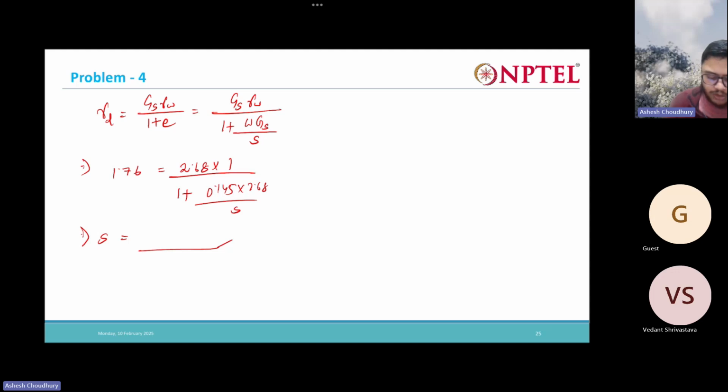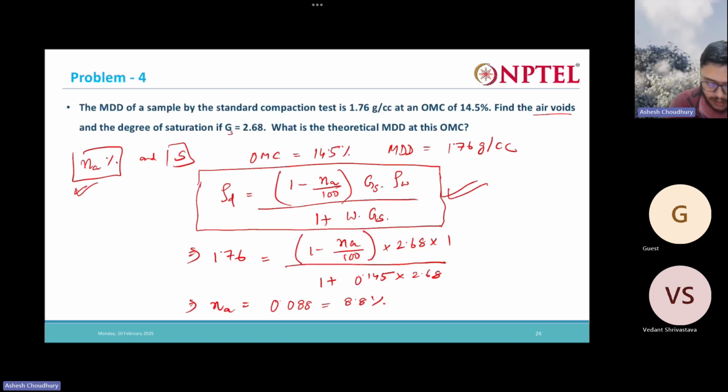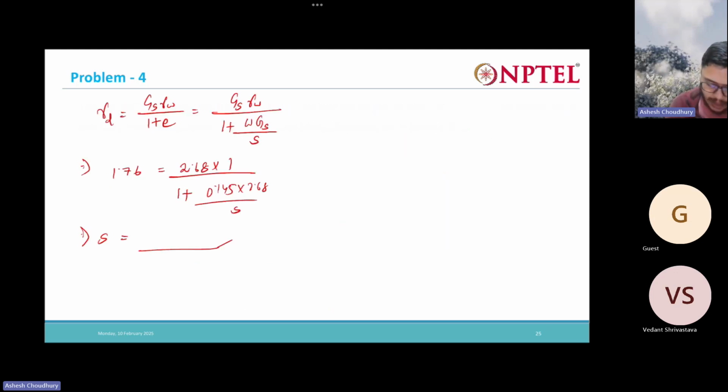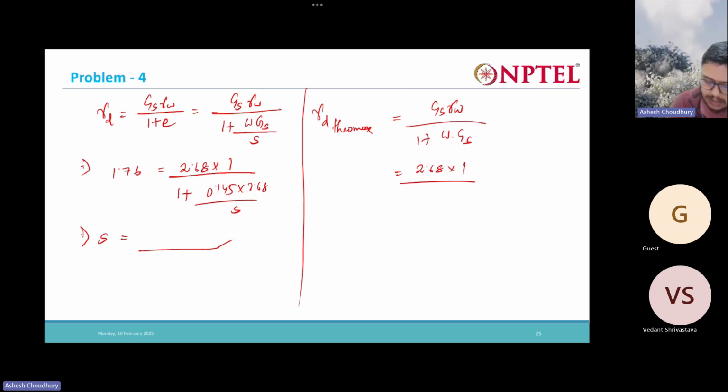Next we have to find out the theoretical maximum dry density at this optimum moisture content. For that, for theoretical maximum we have Gs, right? So Gs again 2.68 times 1 by 1 plus 0.145 times 2.68.